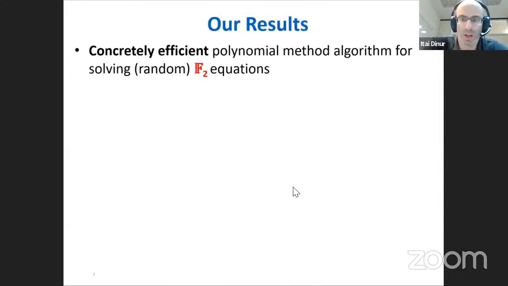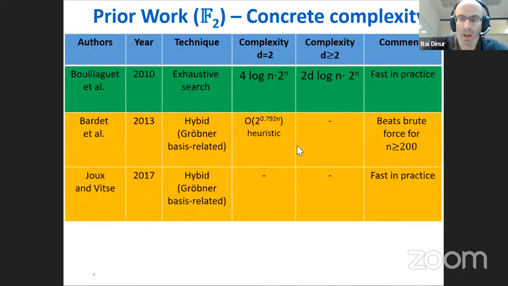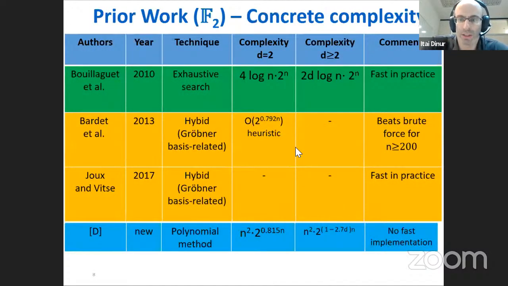So in this work, I present a polynomial method algorithm, which is concretely efficient for solving F2 equations. Unfortunately, there is a caveat because it requires a significant amount of memory, and this is an obstacle for obtaining a fast implementation of the algorithm in practice. However, in terms of time complexity, it seems to be the best known algorithm for a wide range of parameters.